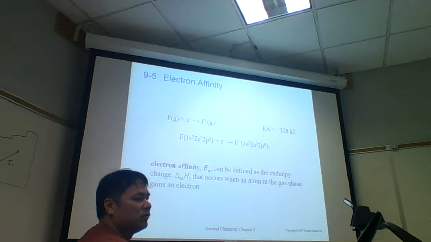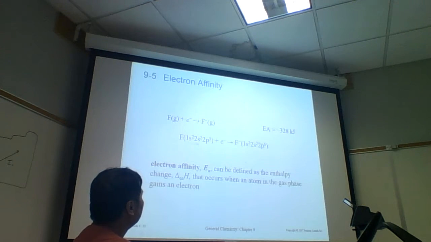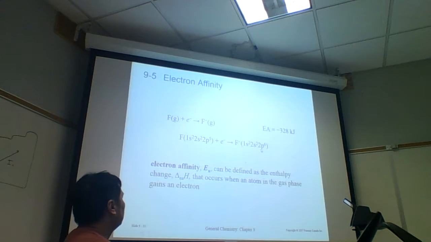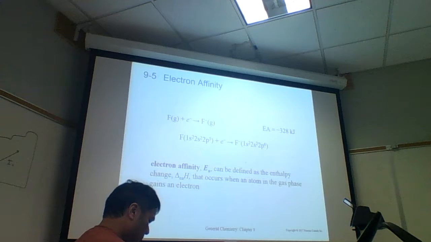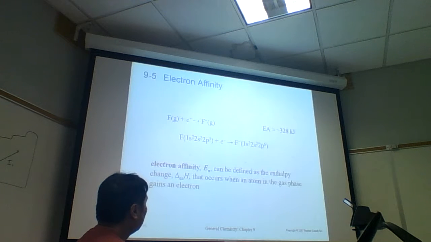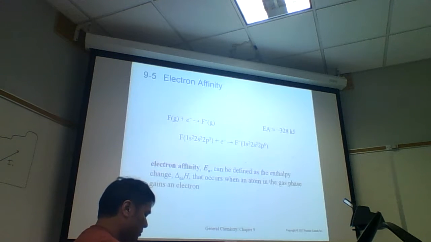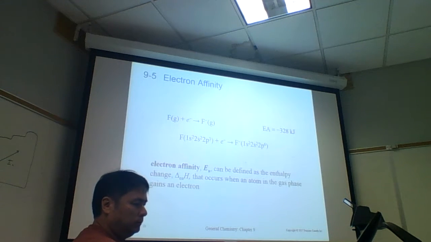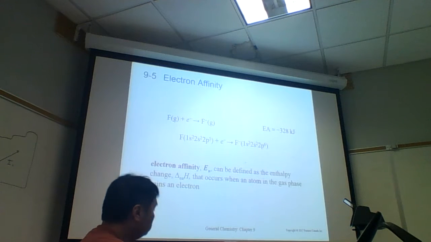Which is higher, minus 400 or minus 200? Minus 400 is higher. And so here we can see in terms of electron configuration, fluorine's one electron shy of having an octet, a completed octet there. That's electron affinity.